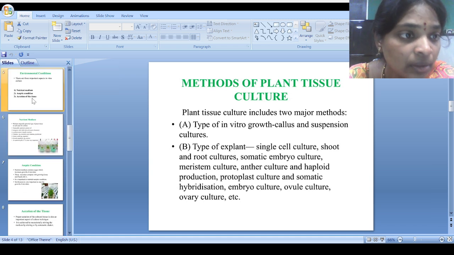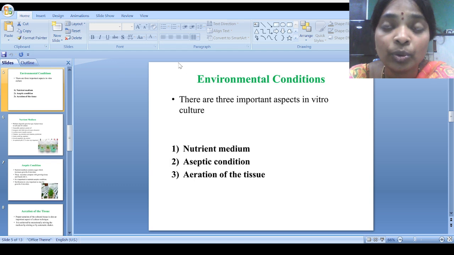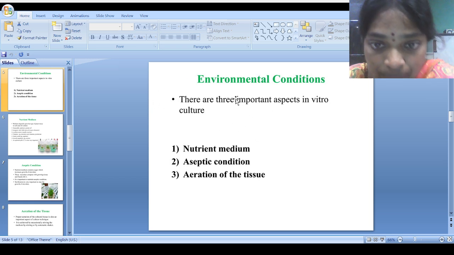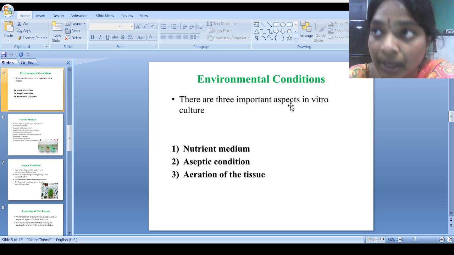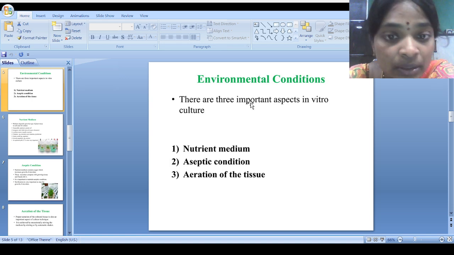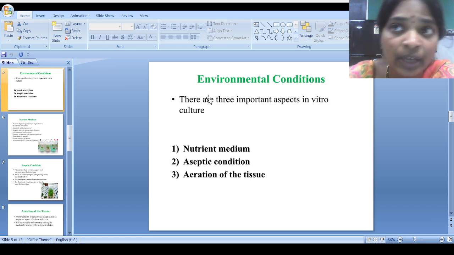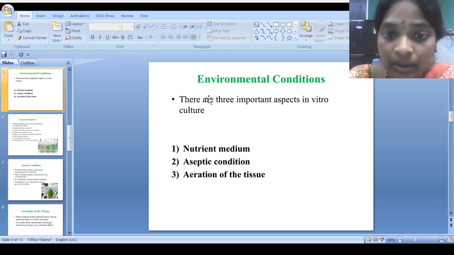Next, we have to keep in mind when we are doing experiments like plant tissue culture that environmental conditions also matter. There are three important aspects in in vitro. How is this ex vivo plant growing in general?